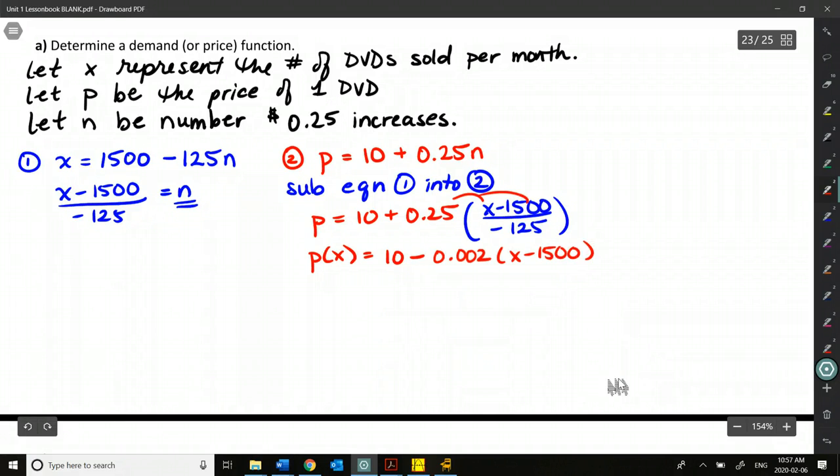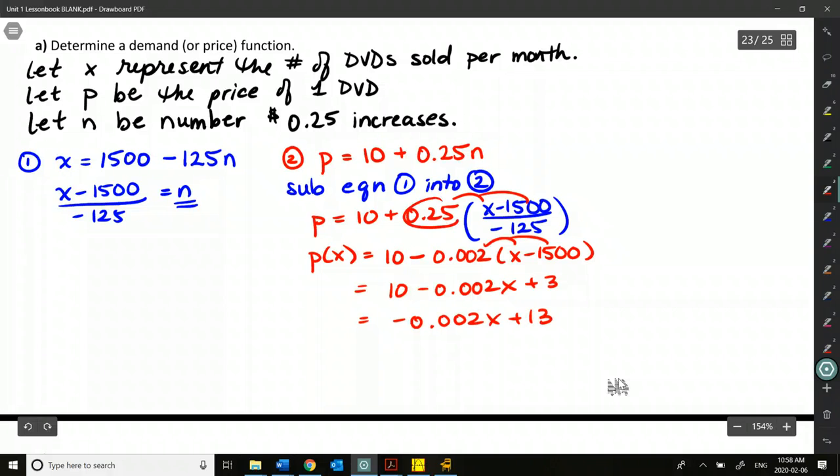So I'm reducing this just to start, or combining it, and then I'm going to bring that in. There's a bunch of different ways that you can calculate that, so it's up to you, whatever you feel most comfortable with. I'm just doing 0.25 divided by negative 125 to combine those numbers there.